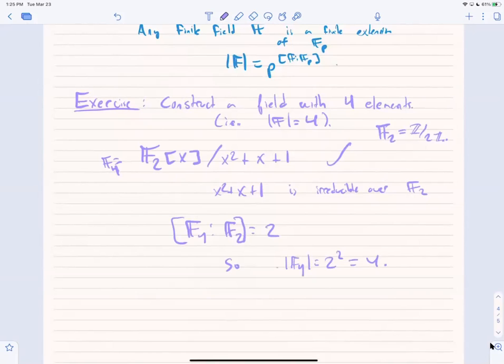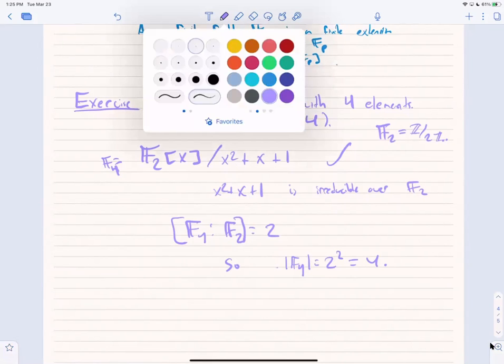If I ask you to construct a field with 4 elements, you say, well, 4 is a power of 2, so this is going to have to be an extension of F2. I only really know one way to create extensions of F2: come up with irreducible polynomials and take the natural construction that gives me an extension with a root. So this is how you can arrive at this example.